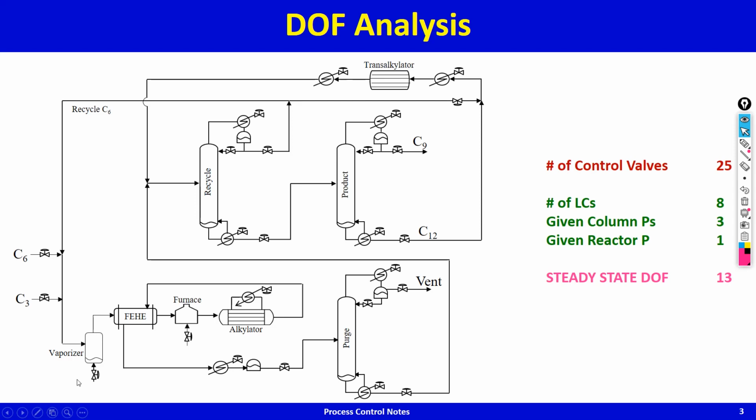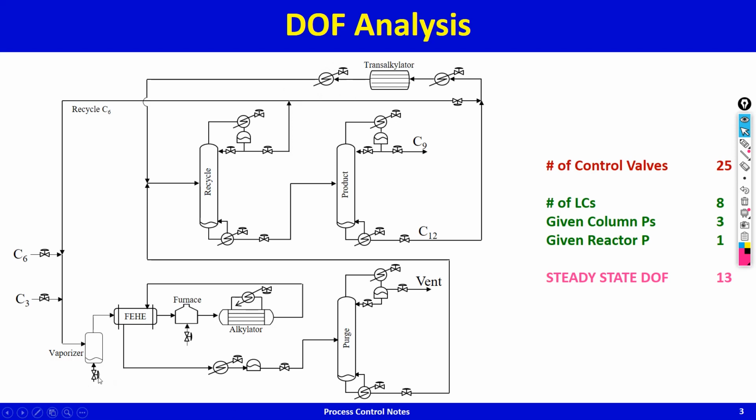There's no degree of freedom associated with this. So 10. When you split it here, what fraction of the recycled benzene is sent into the transalkylator? That's 11. This temperature is 12. And this temperature, because of this cooler, is 13. So that's 13 degrees of freedom.